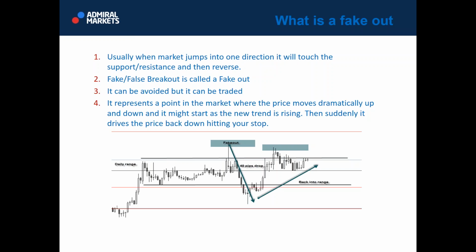The thing is, it will happen, and it will happen every so often. This is an example of a fake out here. You can see this was the daily range, the market was ranging, and look at this, a textbook example of a fake out where the price broke through the daily range.